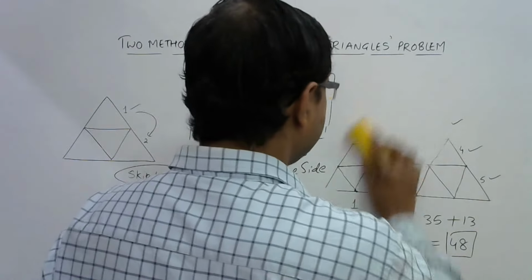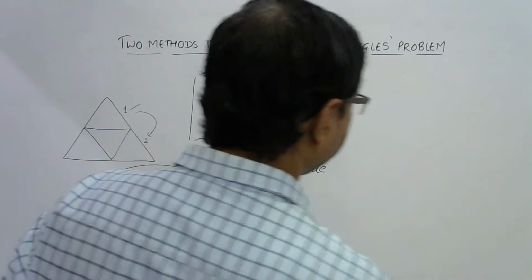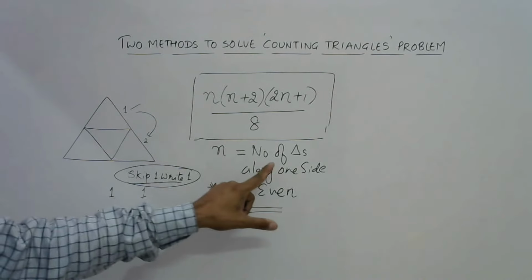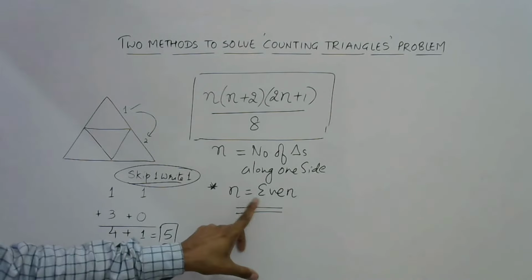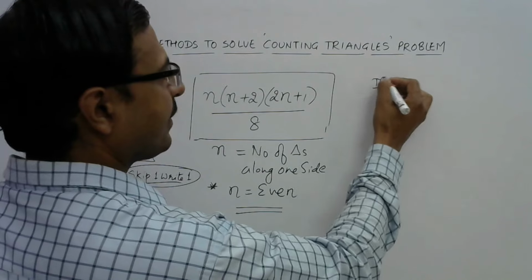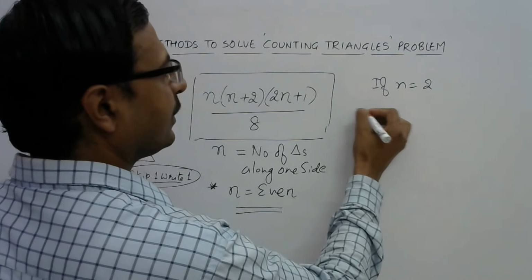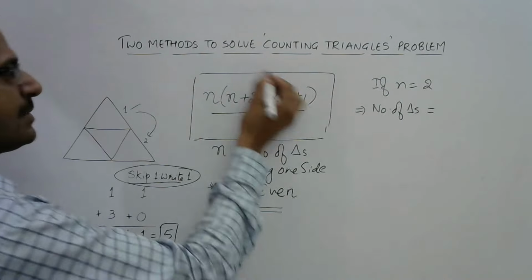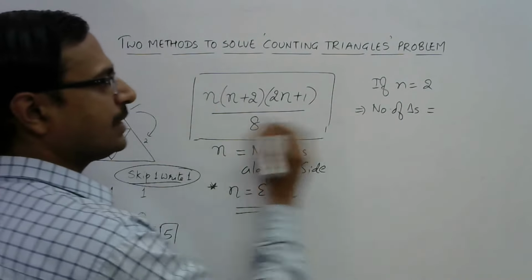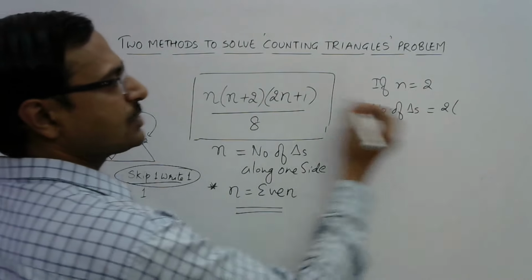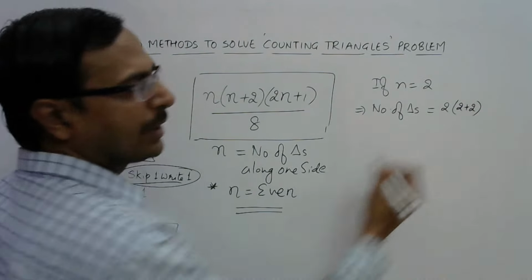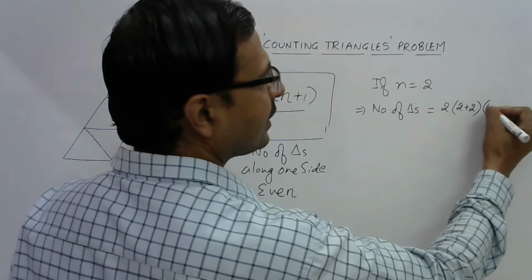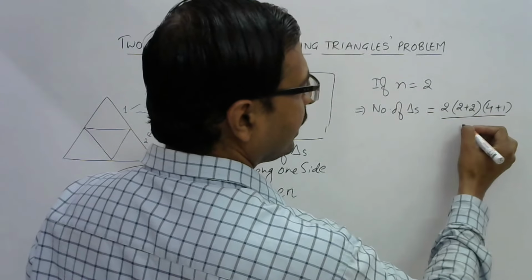So let us apply it in the smaller figure here. This figure has 2 triangles along one side, so n is 2. So if n is 2, that implies the number of triangles will be, just substitute the value of n here, n is 2, then n plus 2, that is 2 plus 2, and finally 2n, 2n means 4, 4 plus 1, upon 8.